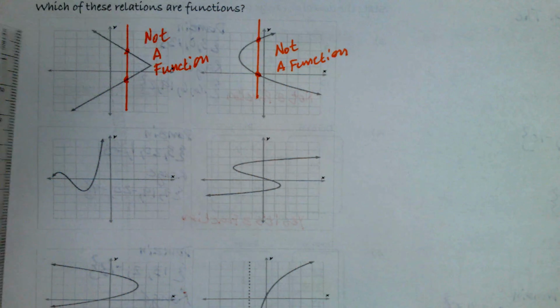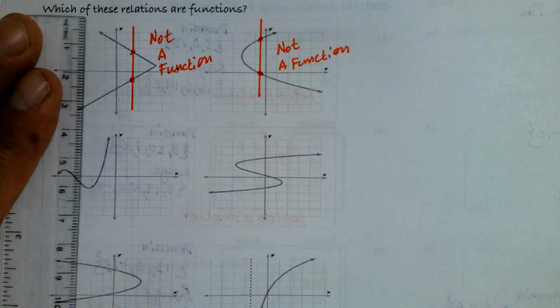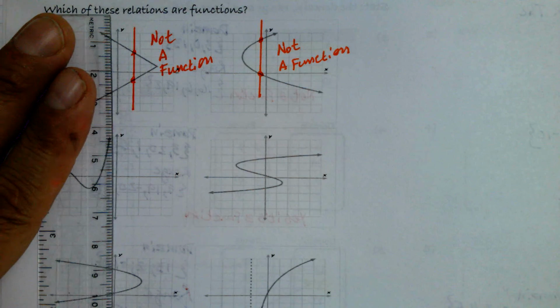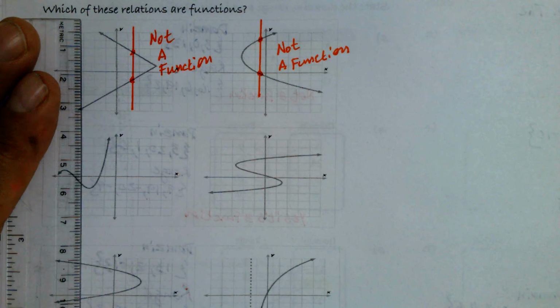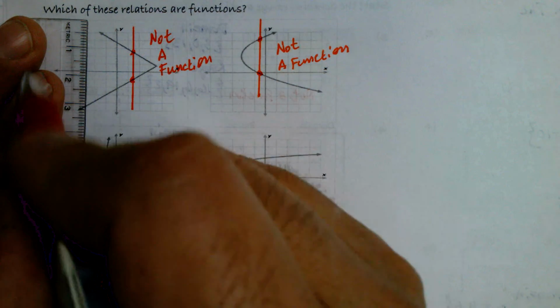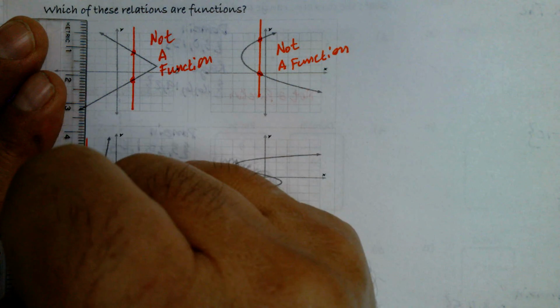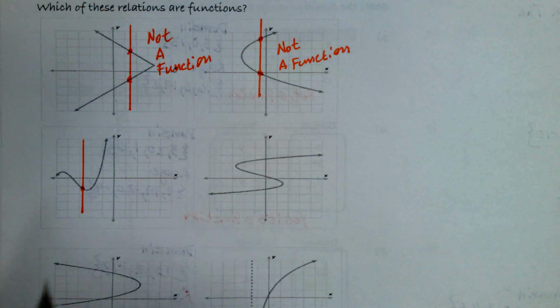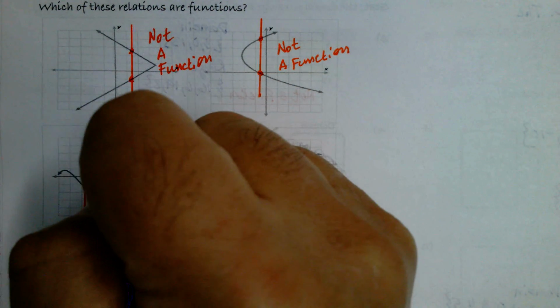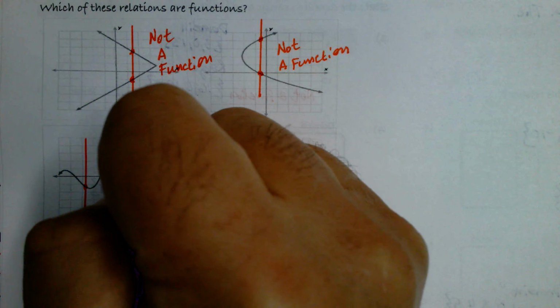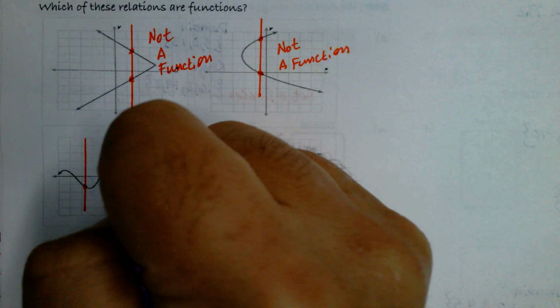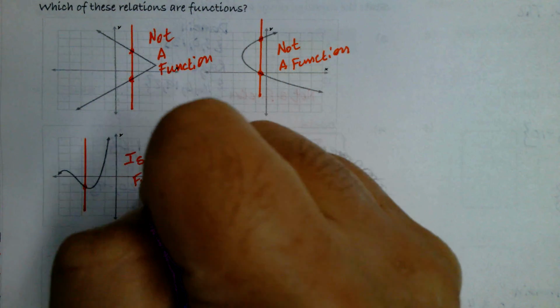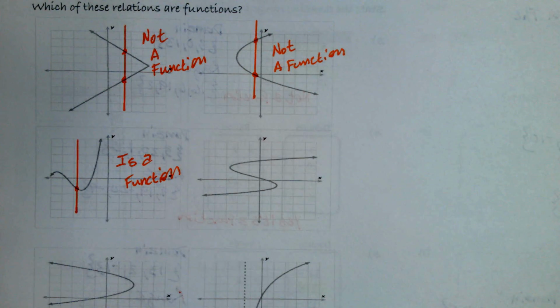So is there a location where I can draw a vertical line that would touch more than one time? Nowhere. I'll just draw one. It only touches once, and anywhere on the graph it only touches once. So it is a function. Okay.